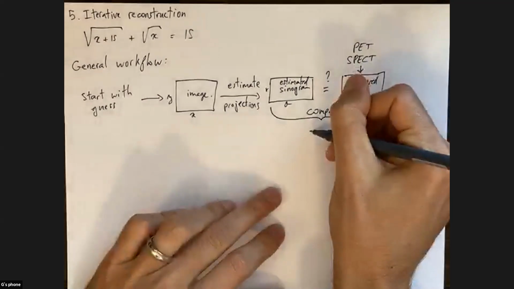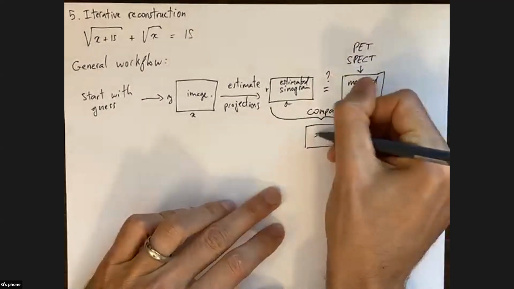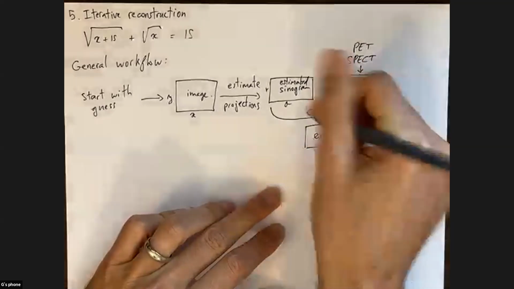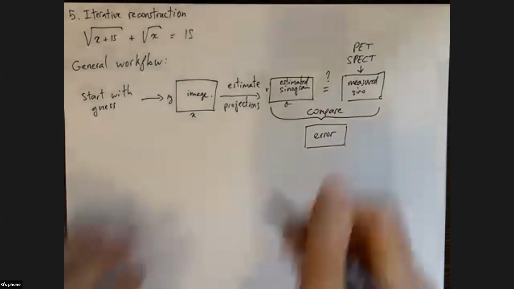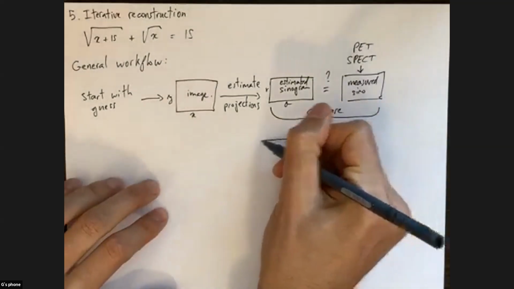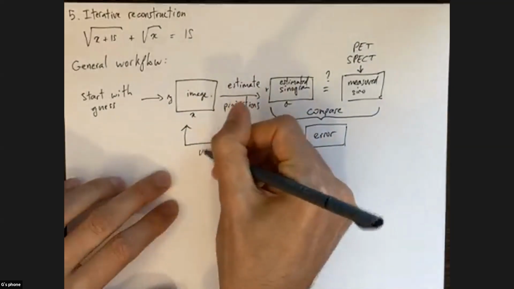And then we end up with an error term here. It could just be the mathematical difference between the two. And somehow we'll feed this error term back into the image to improve our guess.